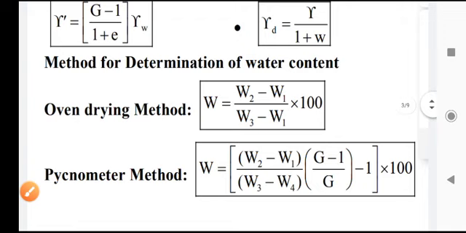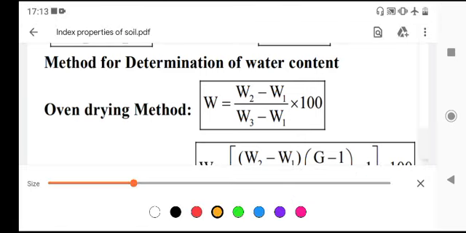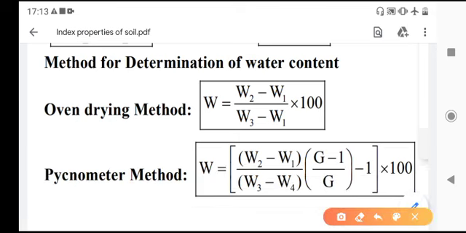Methods of water content determination: oven drying method and pycnometer method. For the oven drying method, this test should be done at a temperature of 105 degrees Celsius for clay soil.